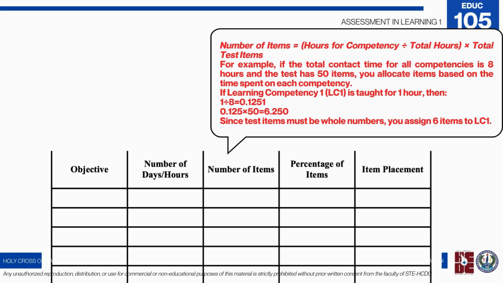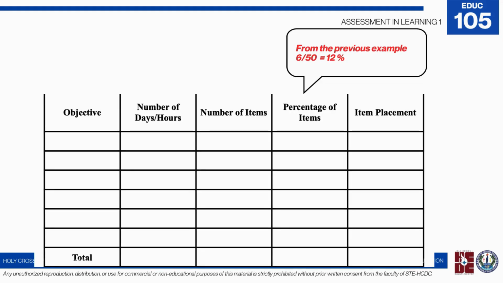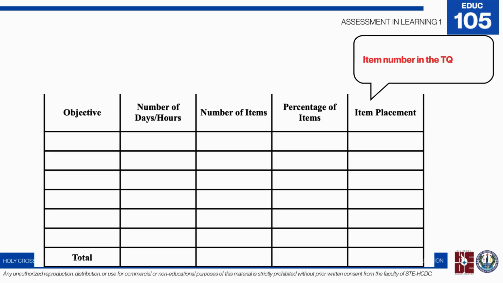That's in the idea that you do not include questions that were not delivered in the classroom. Here, for the percentage of items, 6 items over 50 would be 12%. And of course, the item placement means the item numbers in the test.